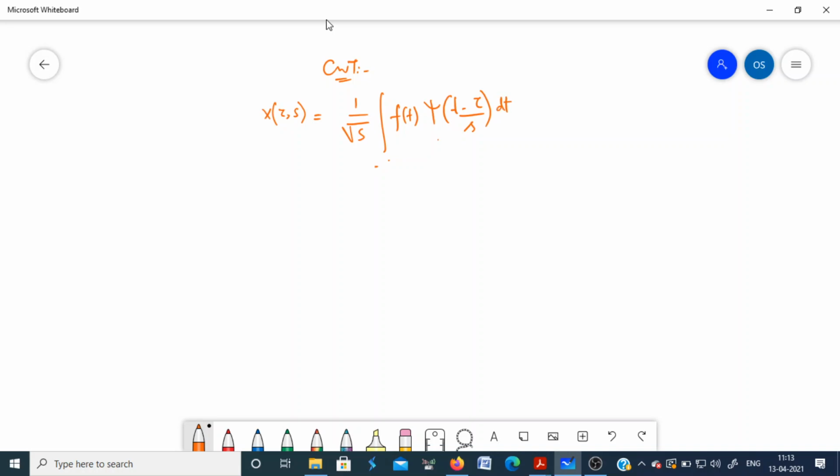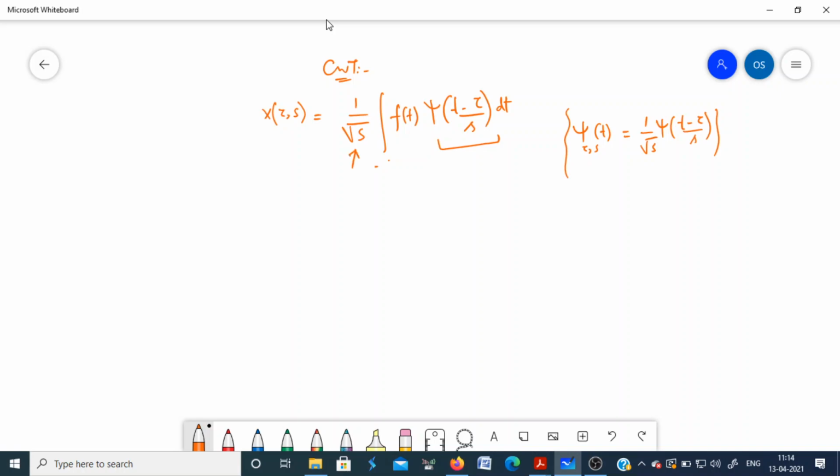Okay, and this psi of (t minus tau) by s, you can write as psi tau s of t, which is generated from psi t using this transformation. Or you can also write here 1 by under root s, which I have written here.